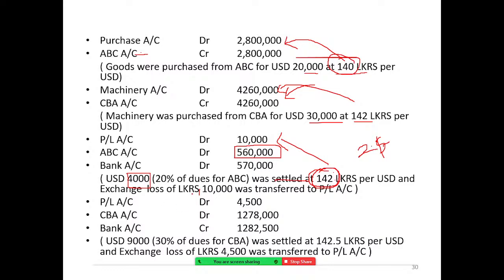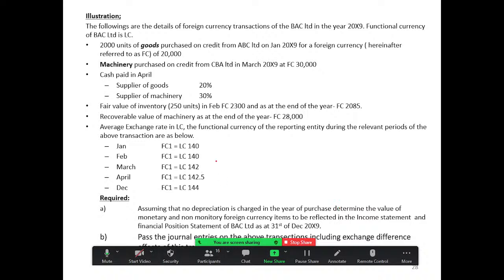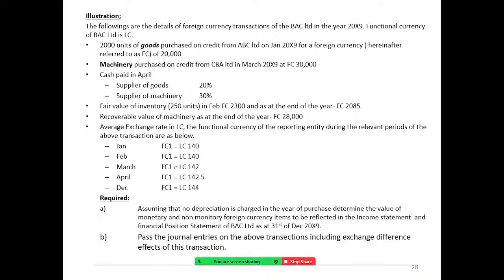Thank you very much. And in regards to the machine, so settlement was 142, and here they are paid 9,000. So 9,000 into 142.5 equal 4,500. Is it correct? So that time the exchange rate was how much? The machine was purchased in March.